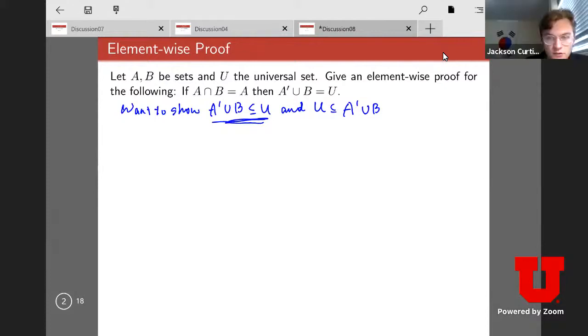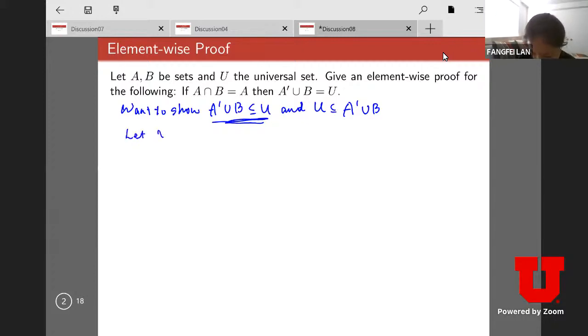We can use substitution. Okay, so I'm just going to start. Let X be in, so element-wise proof, right? Let X be in A complement union B. We want X to be in U, right? But that's easy, right? Because if U is a universal set, anything that's inside of A or B or A complement would be in the universal set anyway, right?